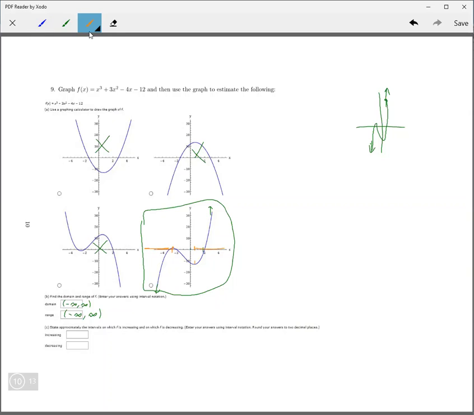And then that's going to be increasing. And then decreasing will be this interval from here to here. Now you can't really see it from this graph, so we'll have to go back to GeoGebra and try to get some estimates for the numbers here.